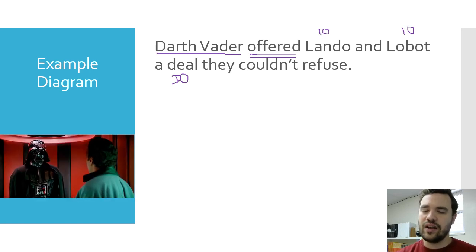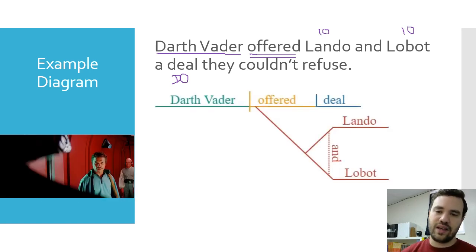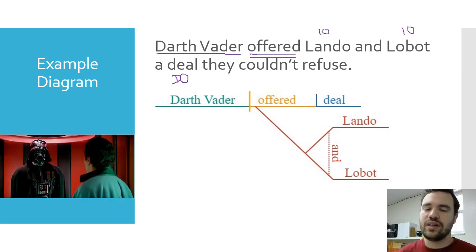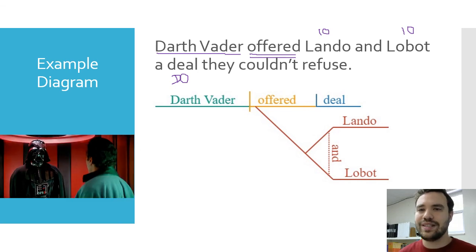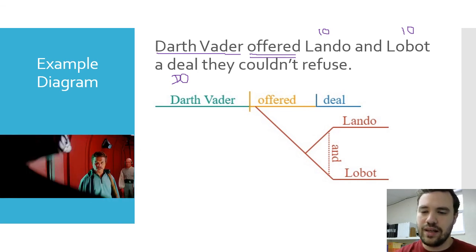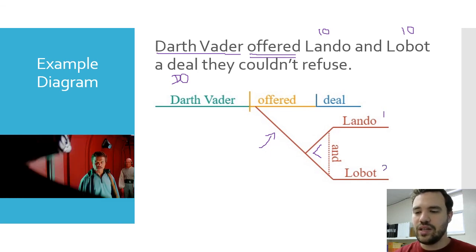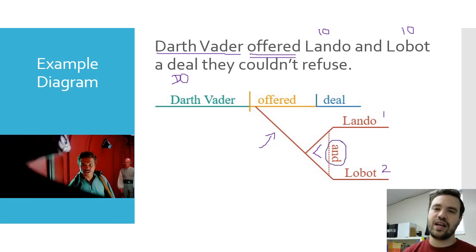All right, so the diagram is going to look like this. Darth Vader is our subject, vertical line cutting through, offered is our verb, vertical line that stops, deal is our direct object, and then, yep, we've got it here, the slanted line coming down. It splits off since we've got two indirect objects. We've got indirect object number 1, Lando, on the top line, indirect object number 2, Lobot, on the bottom line, and then we've got our conjunction and there on the dotted line in the middle.